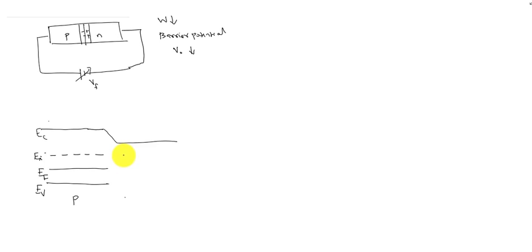So this is EF, this is EI and this is EV. Here this is the location of the Fermi level. This is the Fermi level on the N side and this is the Fermi level on the P side. Here the Fermi level is not constant, it is not on the same level. EFN is much higher than EFP.